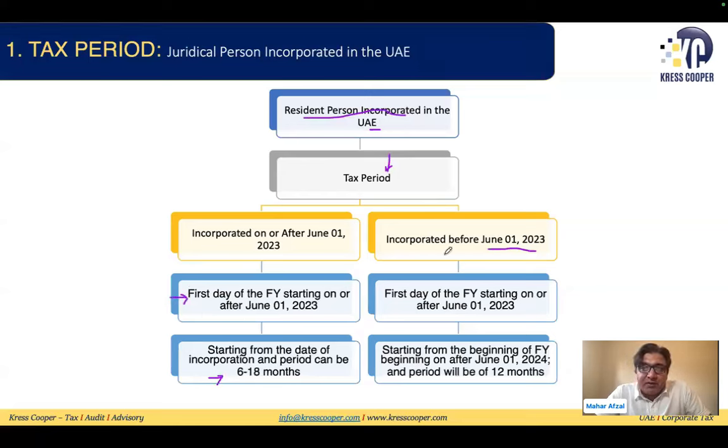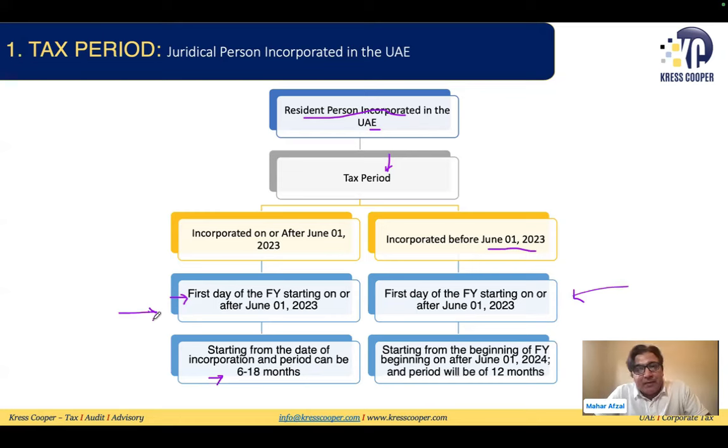Now, if the company was incorporated before 1st of June 2023, the first day of the financial year starting on or after that date, this requirement is the same, by the way, because the tax law is applicable for the financial period starting on or after 1st of June 2023.